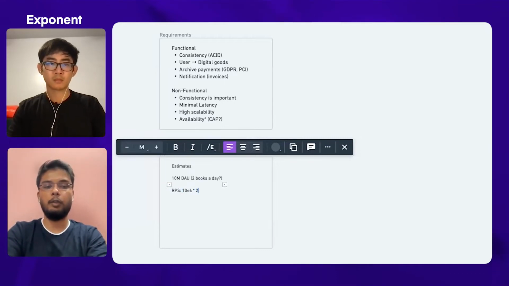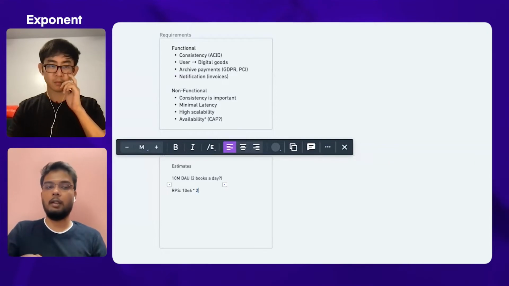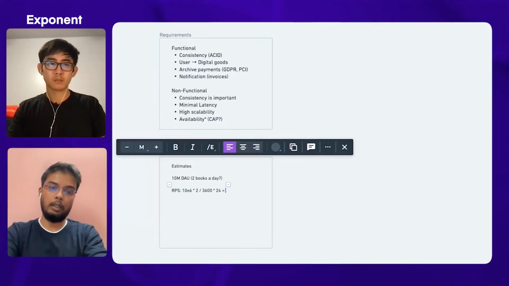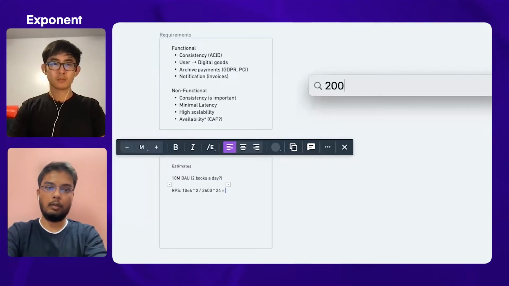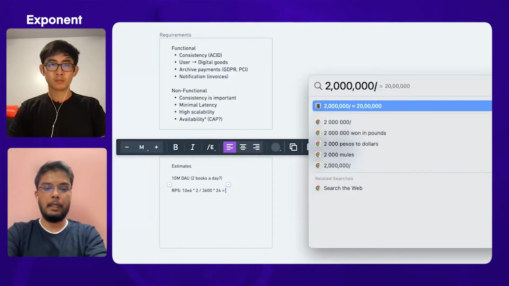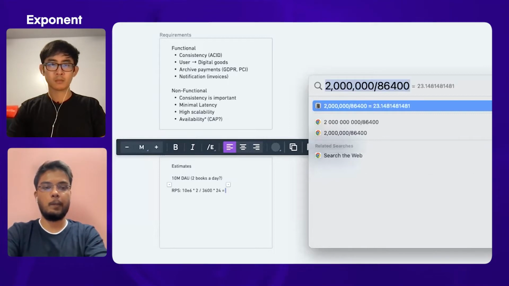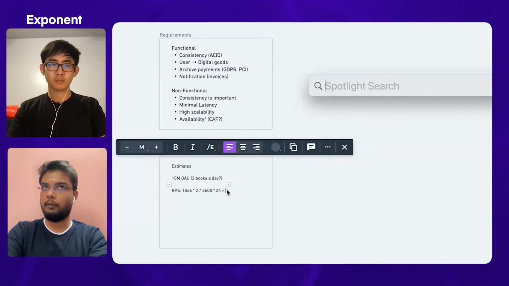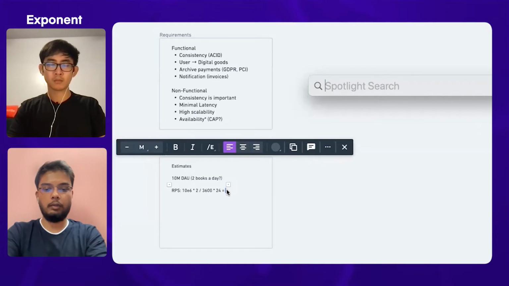We have 2 books a day, so at least they are transacting 20 million requests, and it would be 86,400 seconds in a day. I think, yeah, it should be around 600 requests per second.